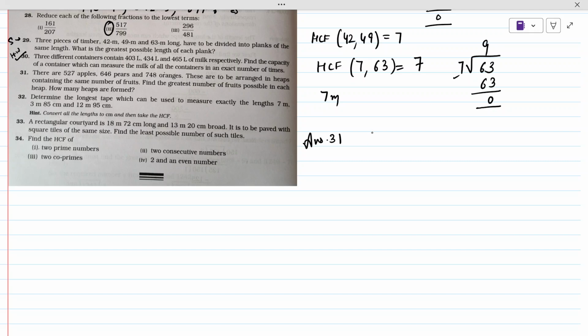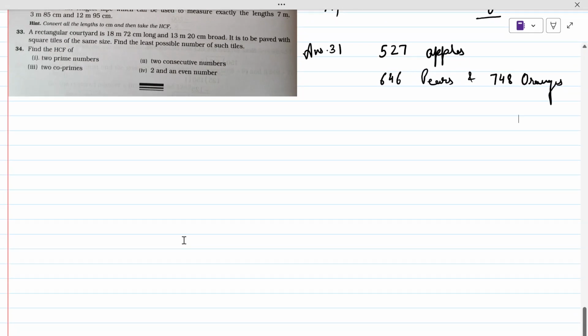We have 527 apples, then we have 646 pears and 748 oranges, right? So we have to find their HCF first.